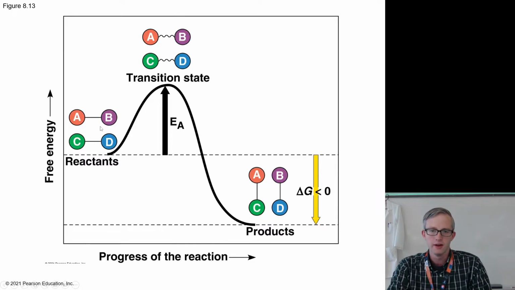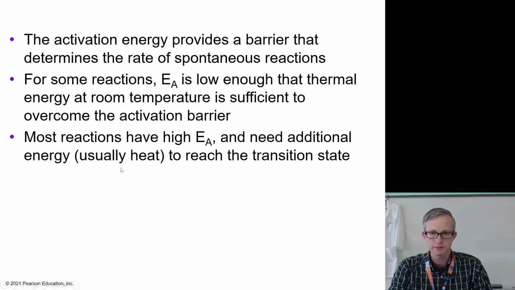And here you can see the reactants A, B, C, and D have turned into the products A, C, B, and D, which are at a lower energy state. And so that's a negative change in free energy, which means that that energy has been released and that the products are now more stable than the reactants were initially. So that activation energy is a barrier.